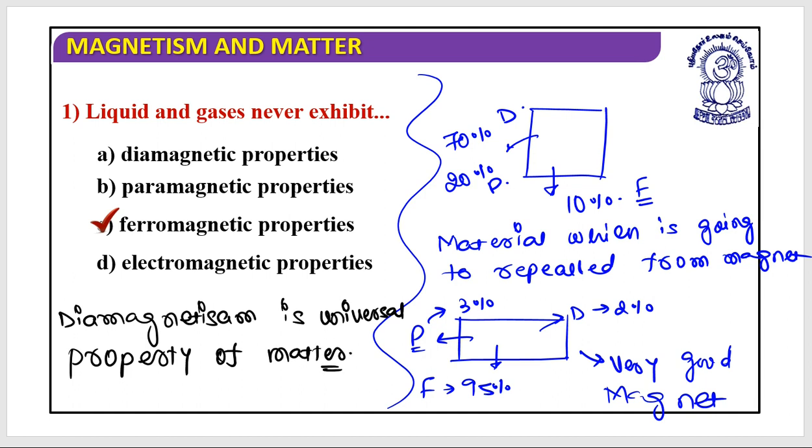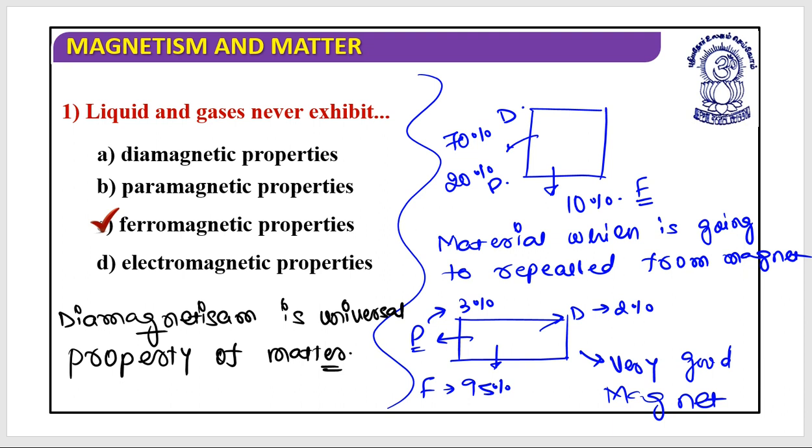That means every material on earth has a certain share of diamagnetism for sure. It only matters how much, in a total of 100, is the percentage of diamagnetism in that particular matter. If it is higher, it is not going to be a good magnet. If it is much lower but ferromagnetism is higher, it will become a very good magnet. I hope this will remove any misconception that these are materials and not properties. Is it clear?